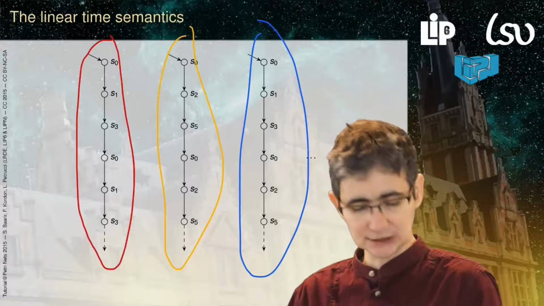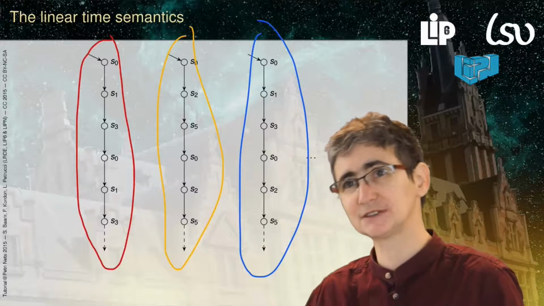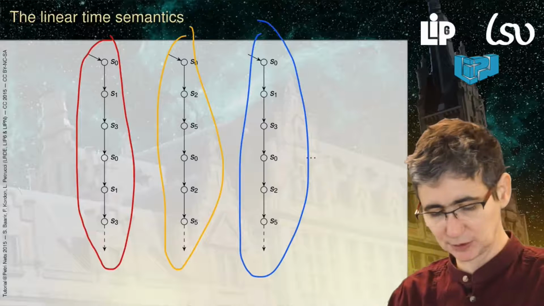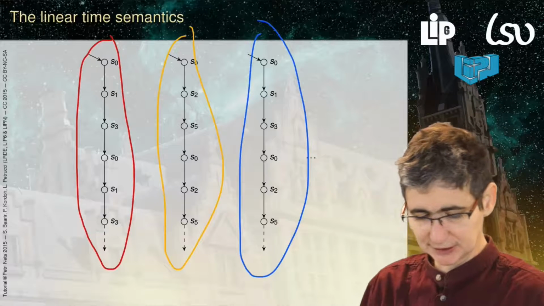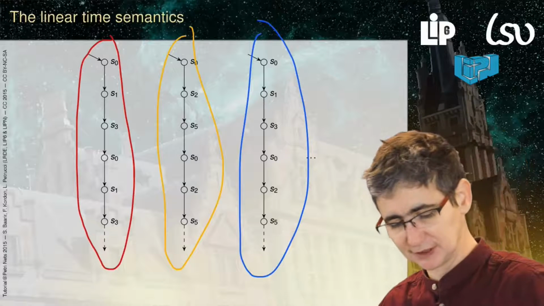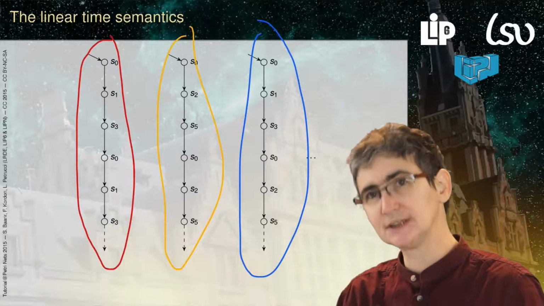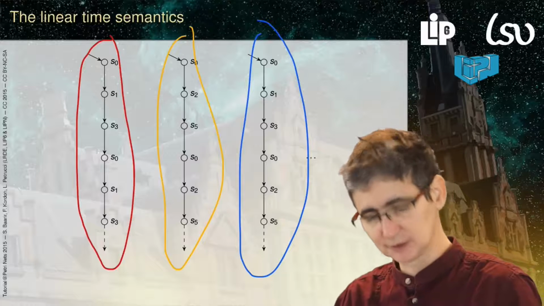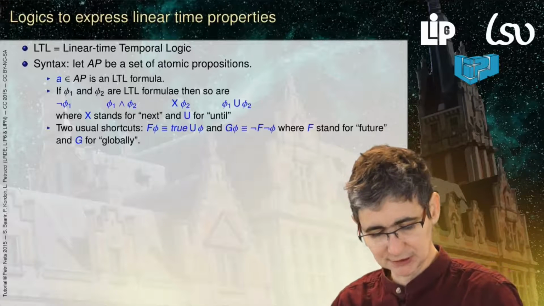It could be something like a loop, but it's a path that is described, and you go and see what happens along the path. In the other path, you will start with S0, and then S2, and then S5, and S0, and so on. So linear time logic will consider paths of executions and express properties on these paths.